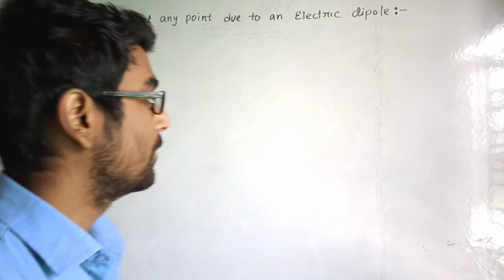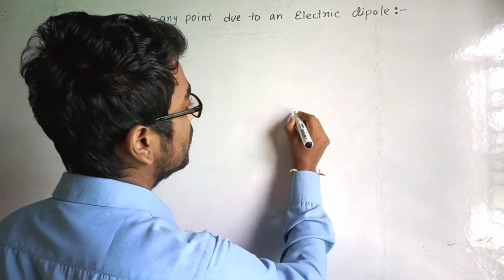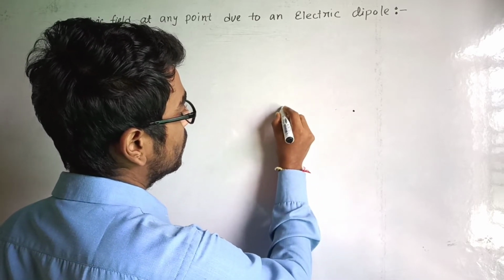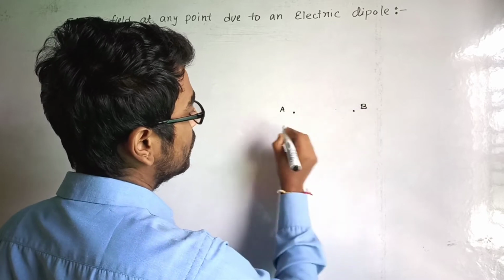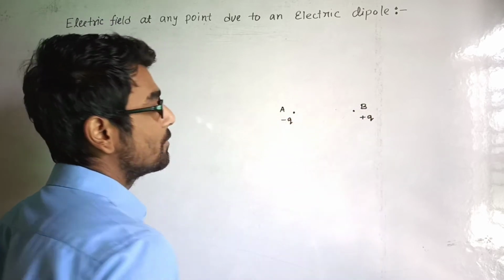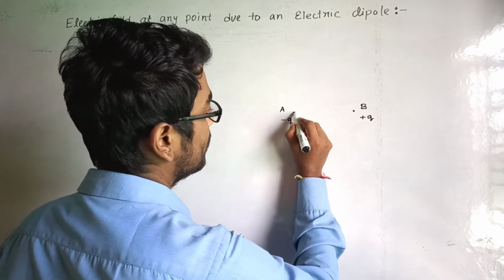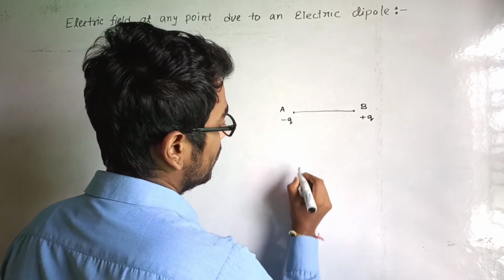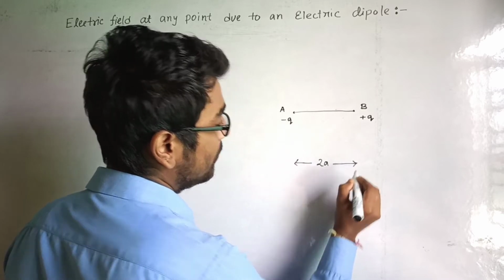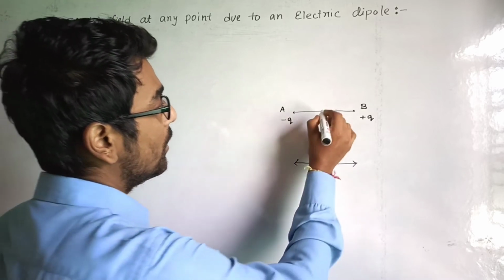So, first of all, we will draw the diagram. Suppose this point A and B be the 2 points where minus q and plus q are forming a dipole. Suppose 2a be the dipole length.